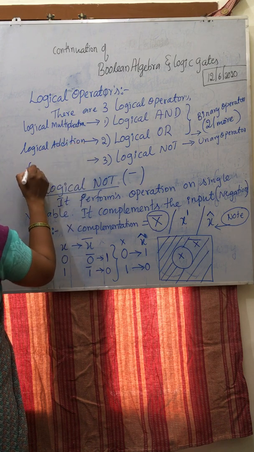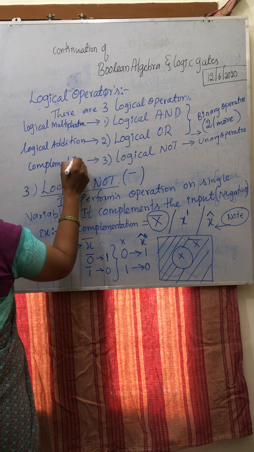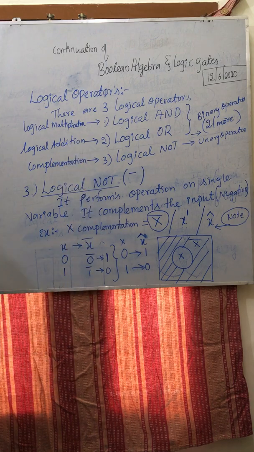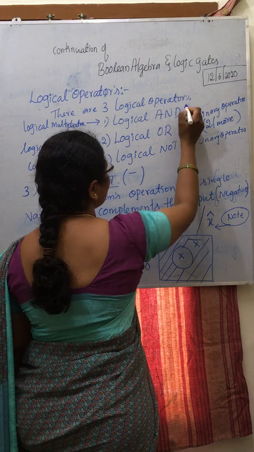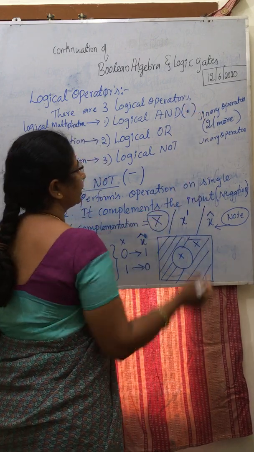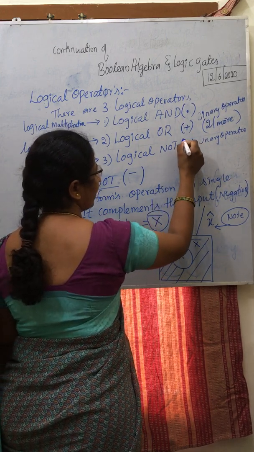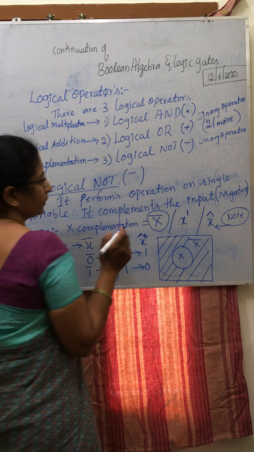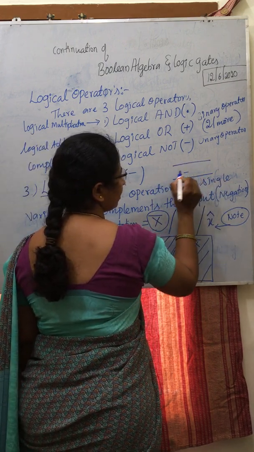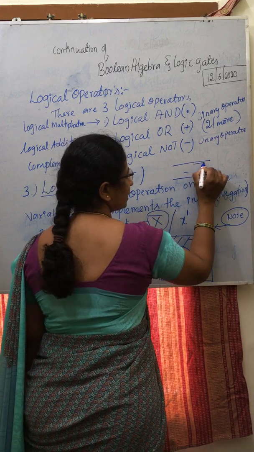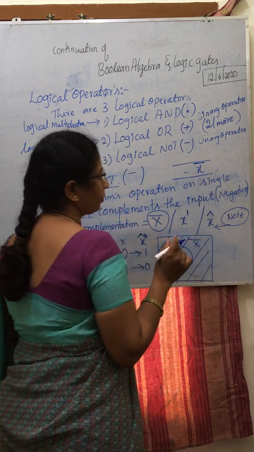Logical NOT performs logical complementation. How will these be denoted? This will be denoted as the dot operator. This will be denoted as the plus operator. This is denoted as overbar, not a minus. There is a difference between writing the minus symbol. Minus means we write it here. Overbar means you should write it above, like X bar. Hope you understood.